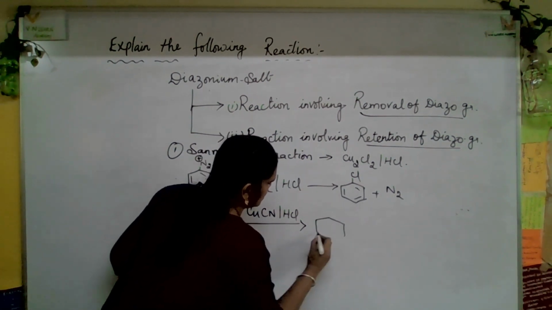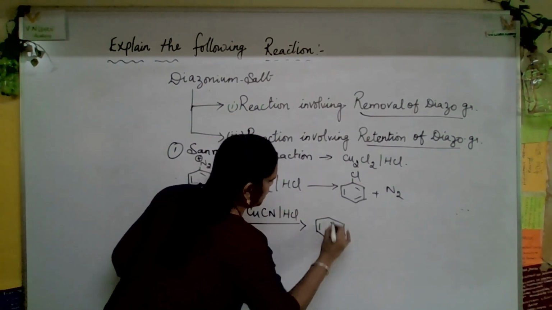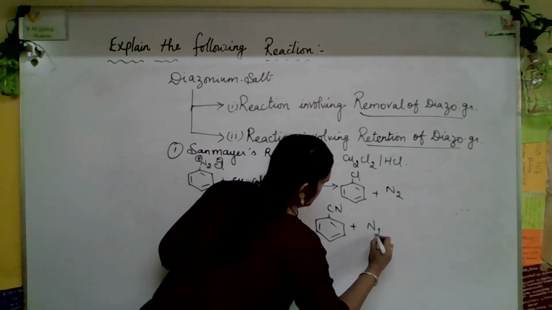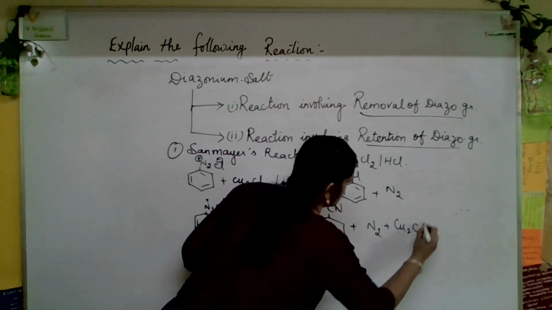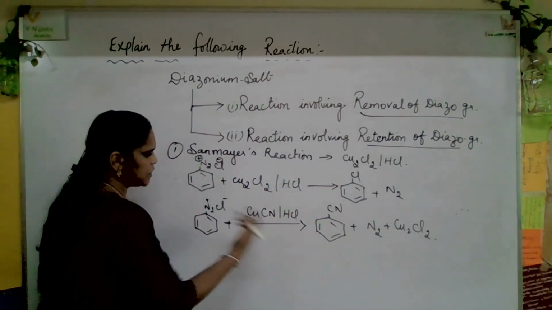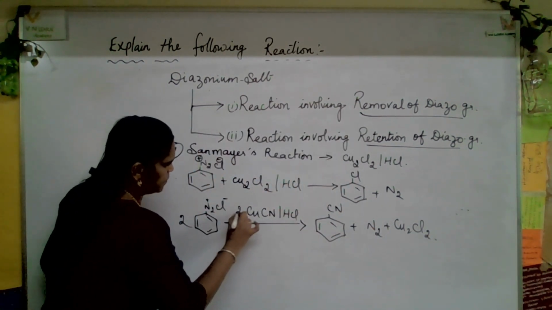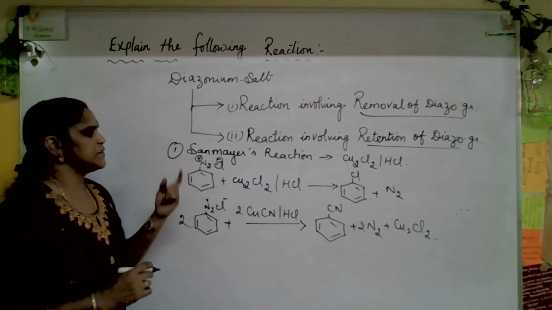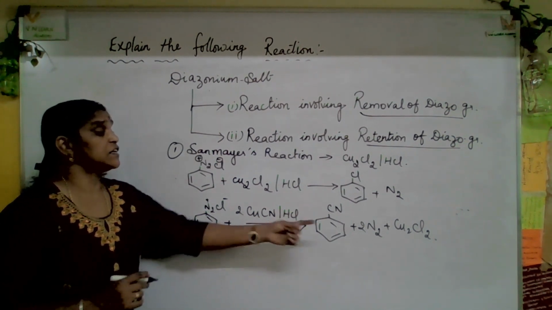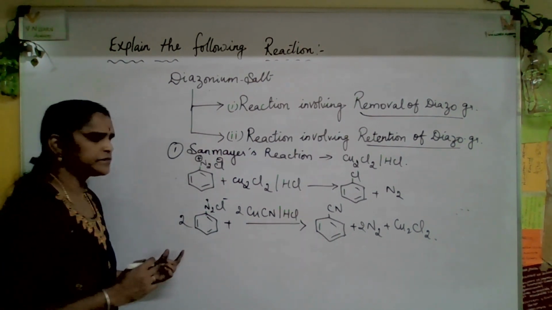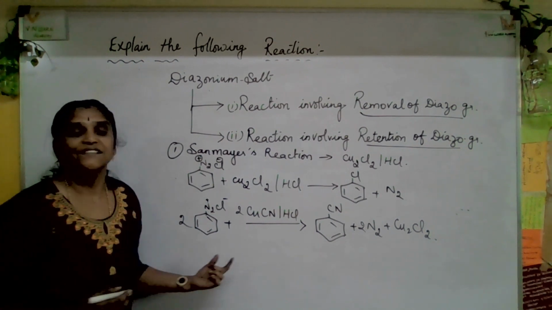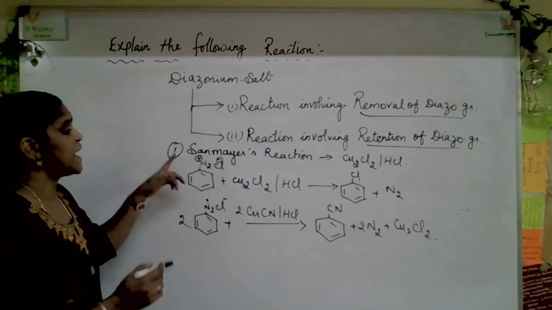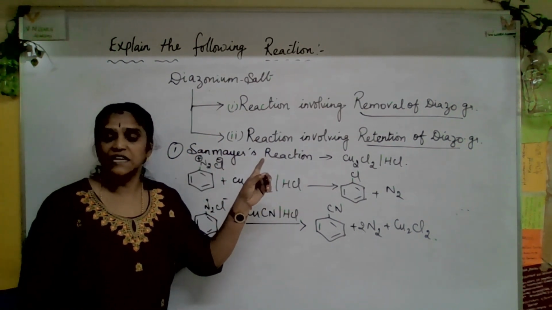You will get that respective compound, cyanobenzene, C6H5CN, plus N2 plus Cu2Cl2. Here cuprous chloride is regenerated. These are the two reactions. Suppose they ask how to convert diazonium chloride to cyanobenzene. If they ask such a question, you are able to answer with Sandmeyer's reaction.